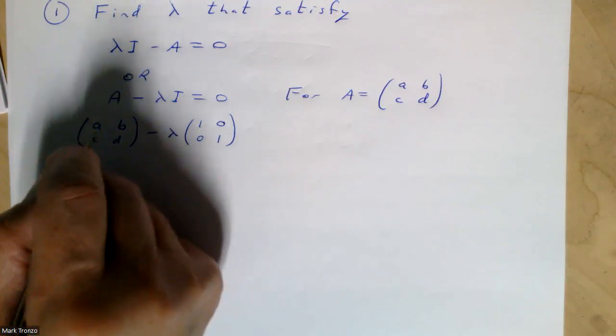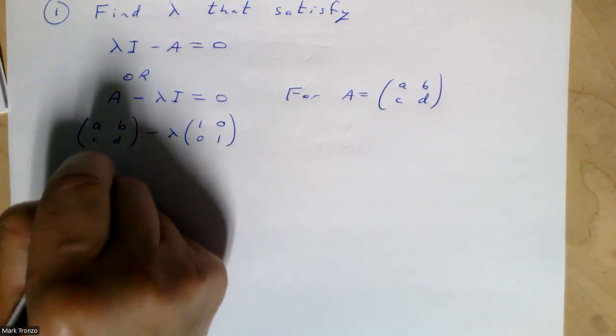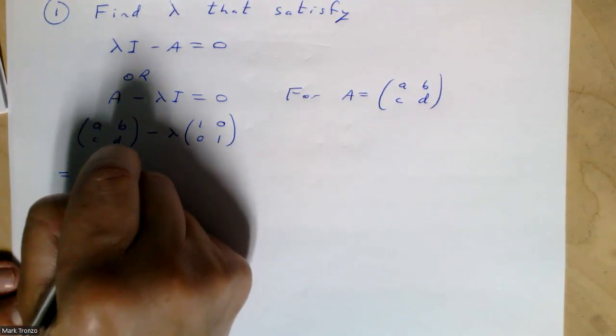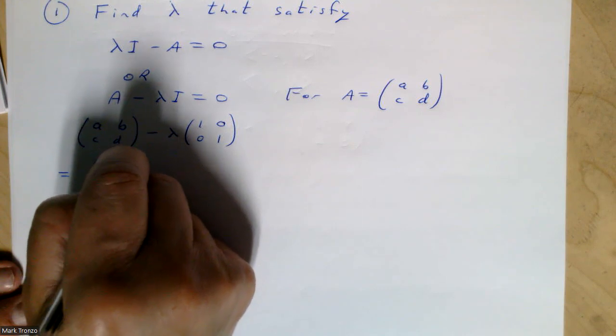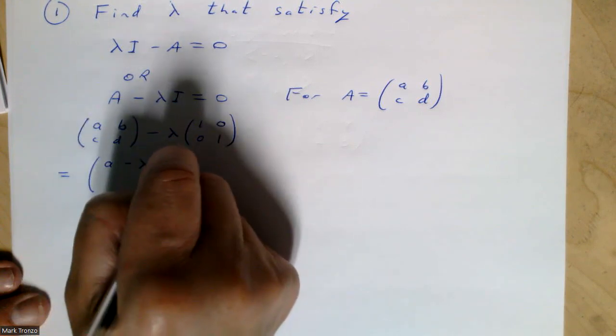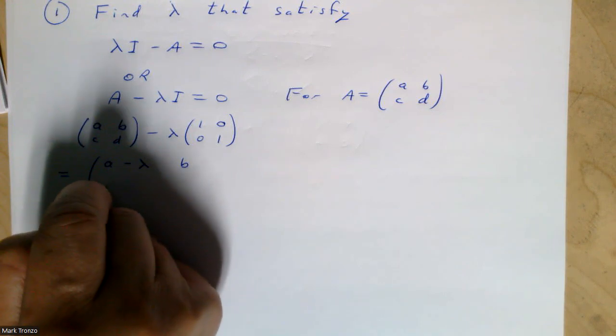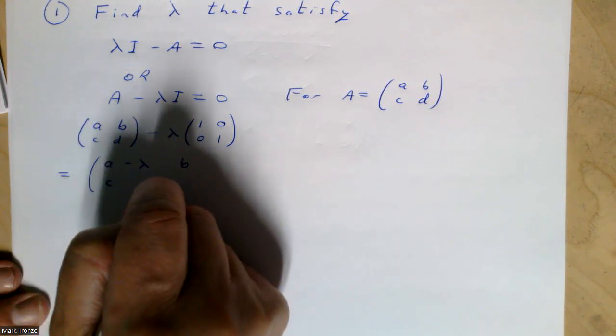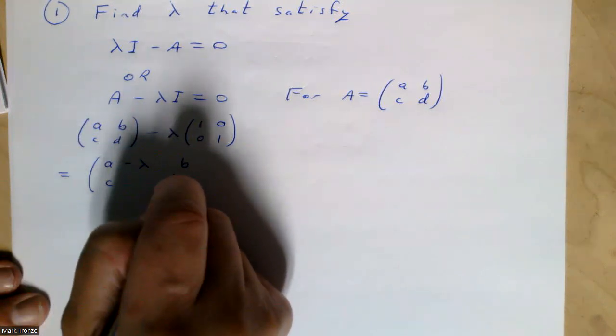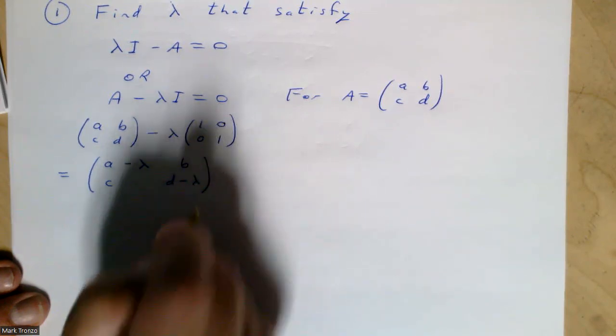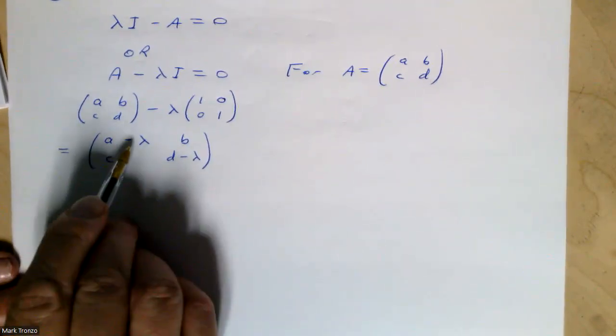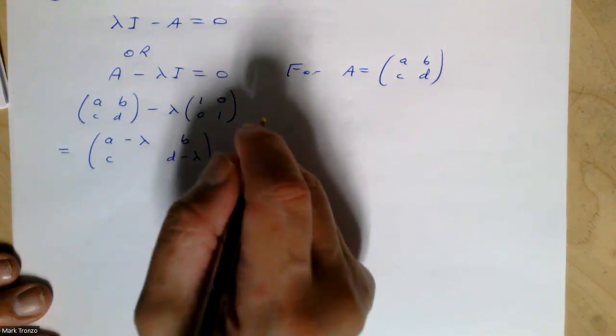And we're going to end up with a minus lambda, b, c, d minus lambda, and then find the determinant of this.